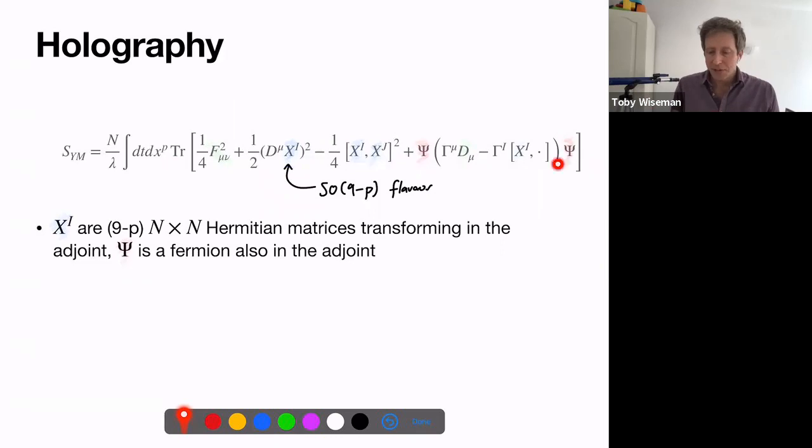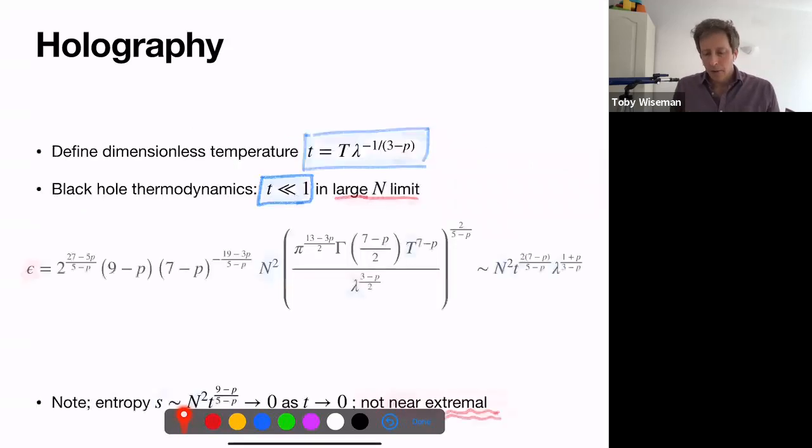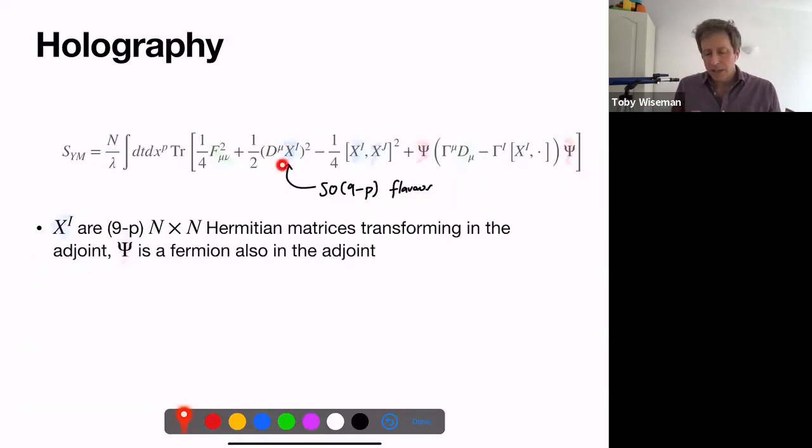And that gets you this theory. So in the p plus 1 dimensional case, you have 9 minus p scalars, you have your fermions as usual, you have your interaction term, you have your gauge field, and so on. The scalars and fermions are transforming in the adjoint, and so we can think of them as N by N matrices.